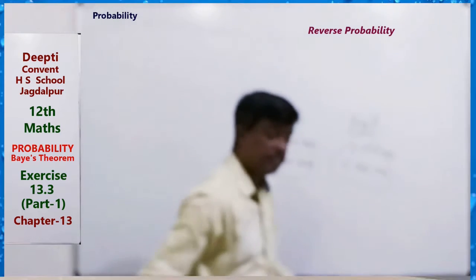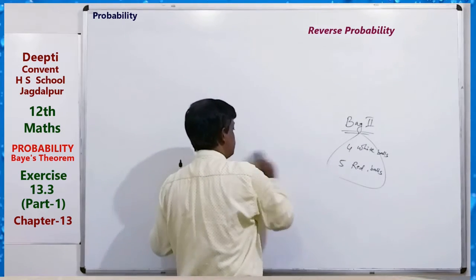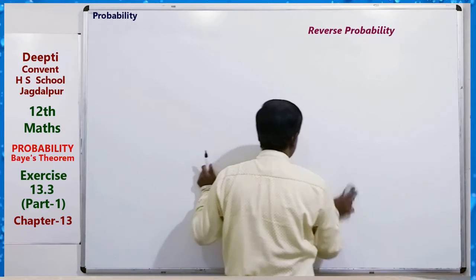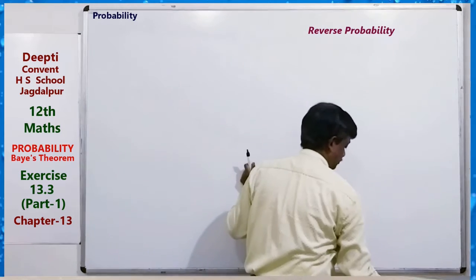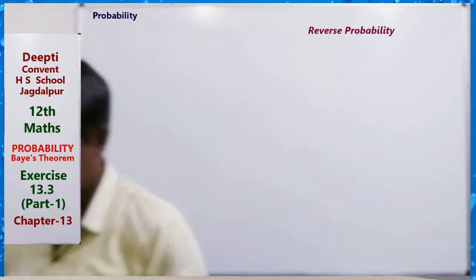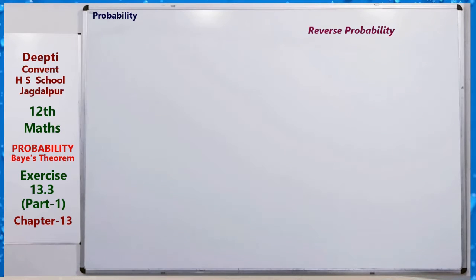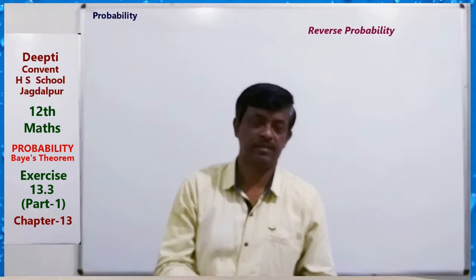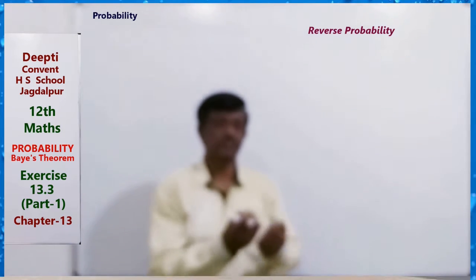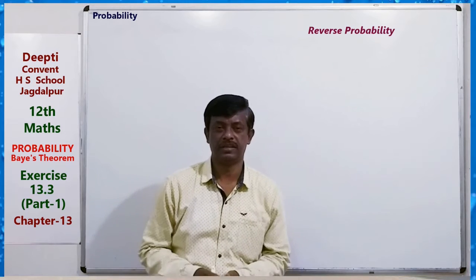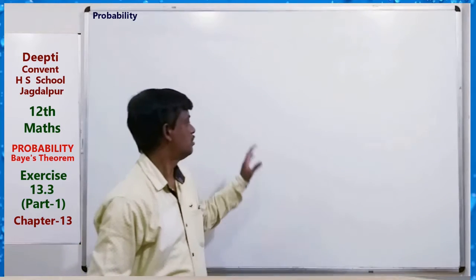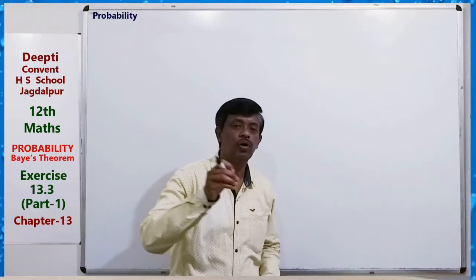So for Bayes theorem, that is for finding reverse probability, we require two concepts. First, whenever an experiment is there, there are outcomes of the experiment, and the sample space is the collection of all the outcomes. The sample space contains all the elementary events.